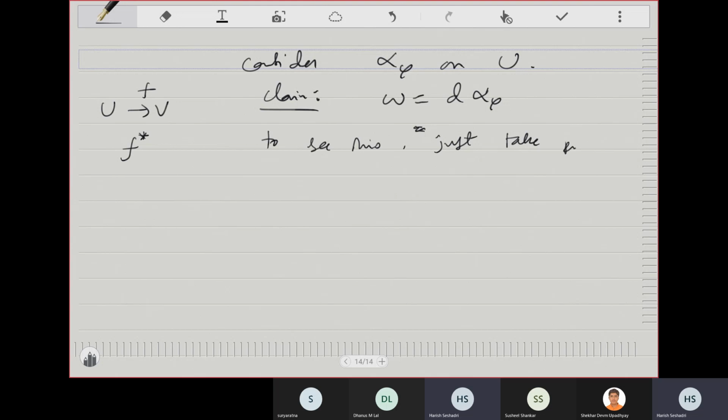Just take pullbacks. Okay, so anyway, I'll leave it to you. Basically you want to see that omega is d alpha phi, right? And this d alpha phi is d of alpha and then phi.